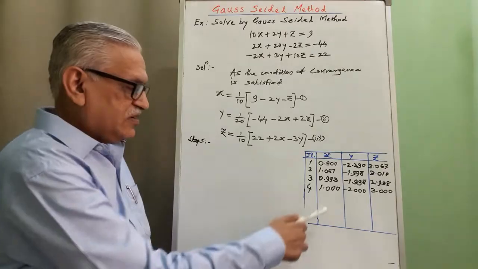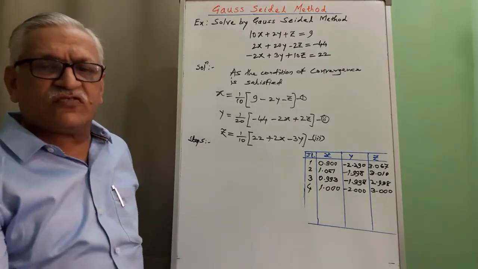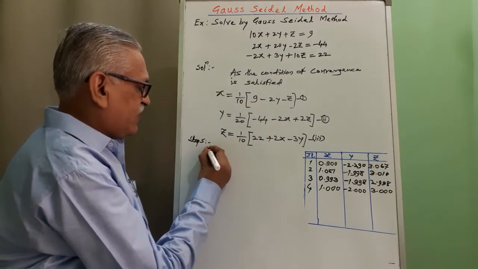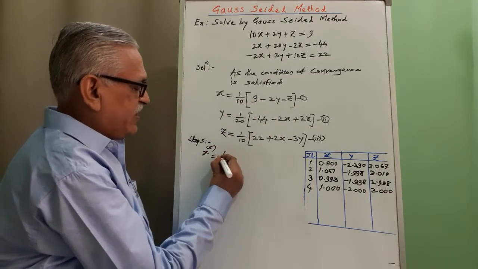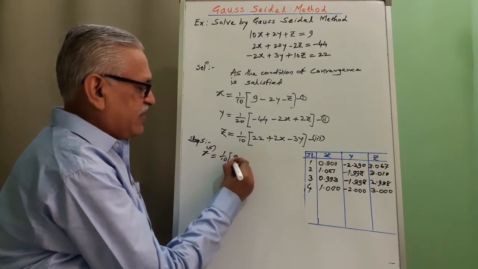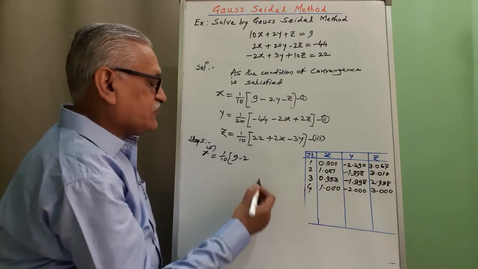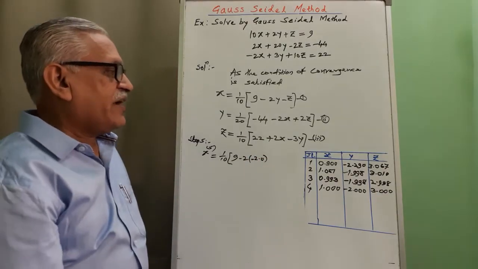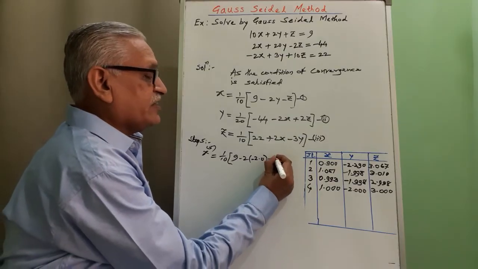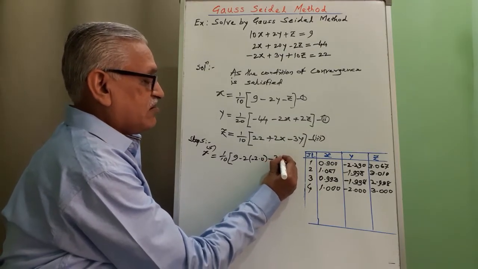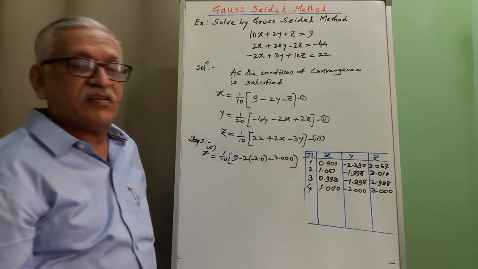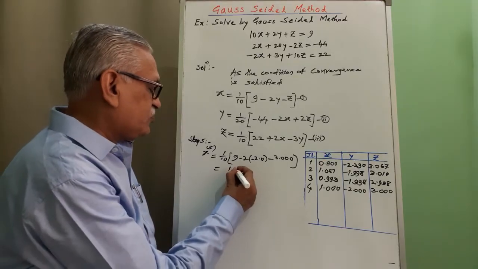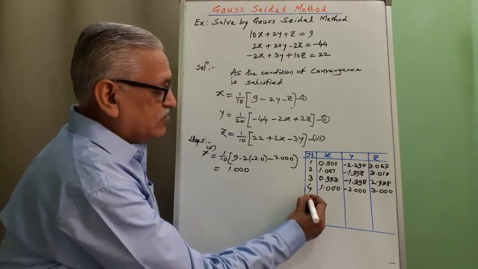Step number 5, by using the latest values. From equation 1 we get x5 is equal to 1 by 10 times 9 minus 2y. The value of y is minus 2 and minus z. The value of z is 3. Simplifying it, we get 1.000.